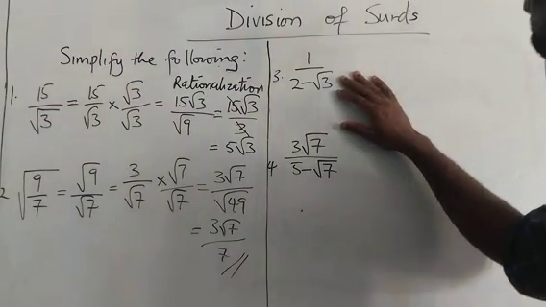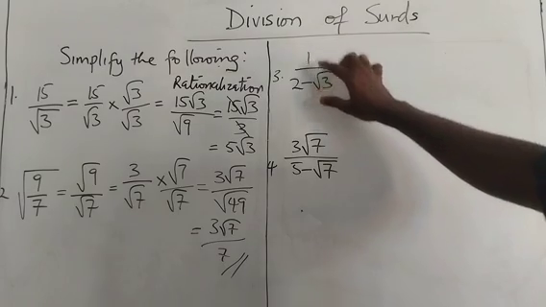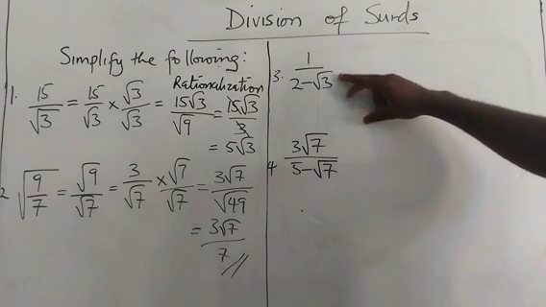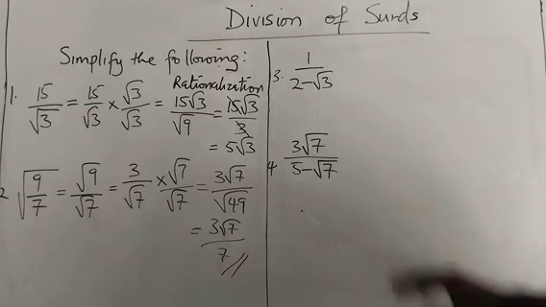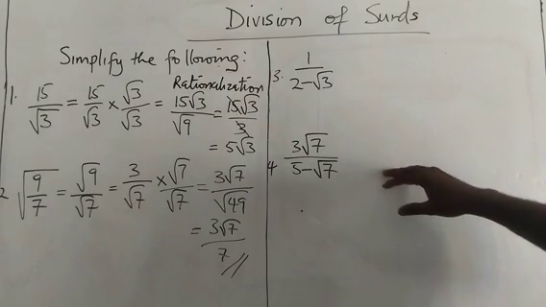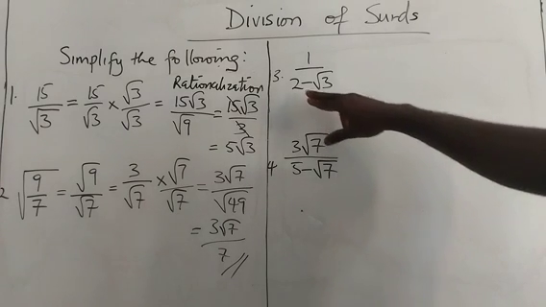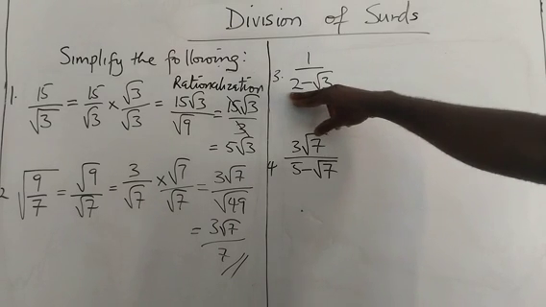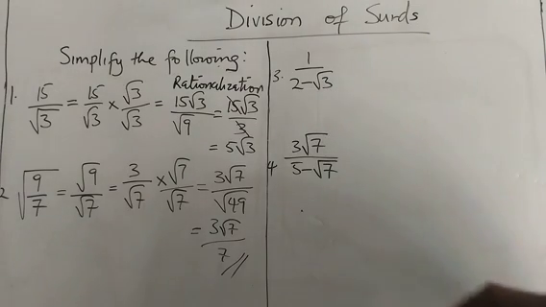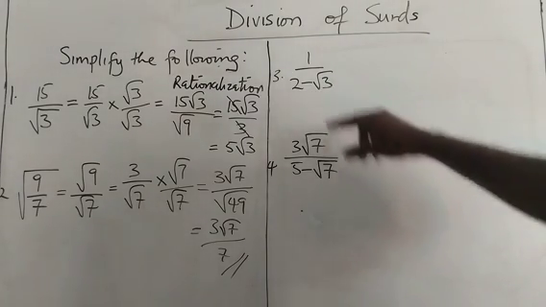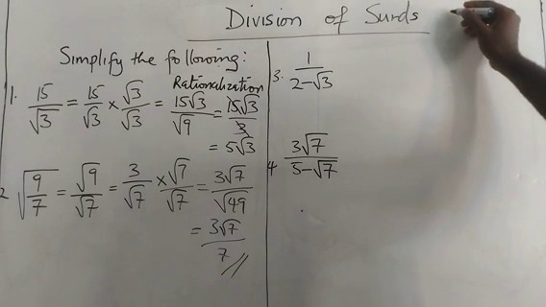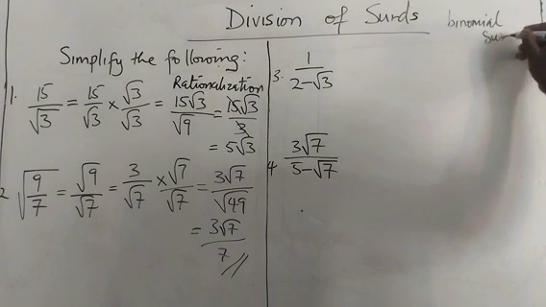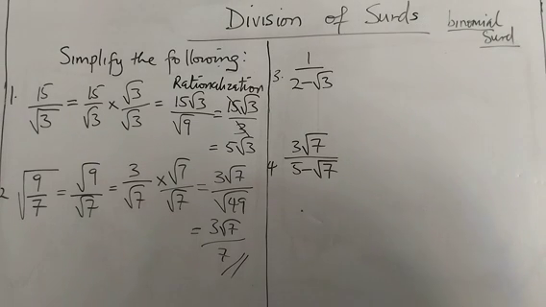Coming over to this side, we'll have 1 over 2 minus root 3. If you look at question 3 and 4, they are different from question 1 and 2, in the sense that we have a compound denominator. Now, this compound denominator is what we'll call binomial surd.